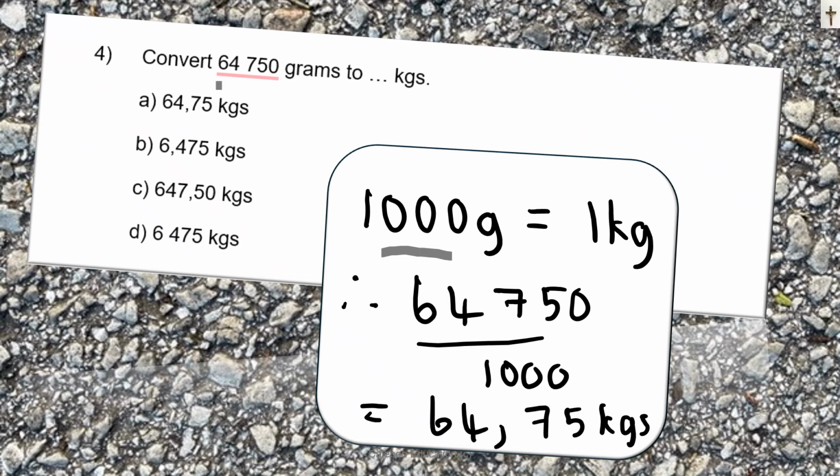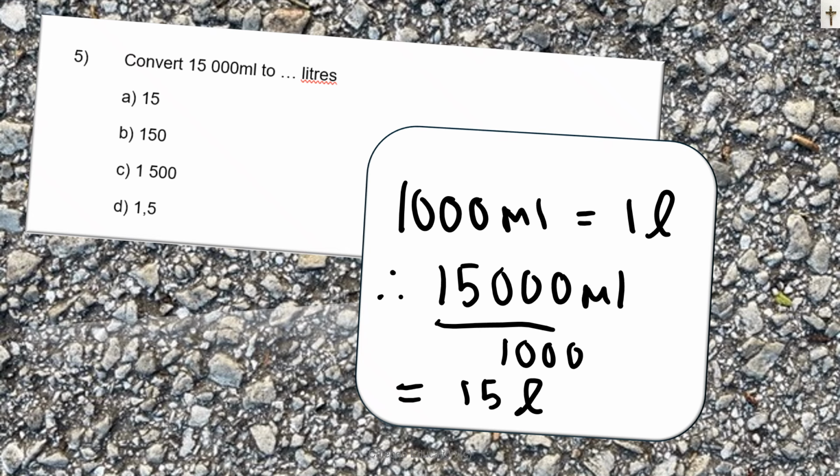So it says convert 64,750 grams to kilograms, and all we need to know, because there are 1,000 grams in a kilogram, is to take the grams, 64,750, and divide by 1,000, and we get 64.75 kilograms, which is A. Next one, convert 15,000 milliliters to liters.